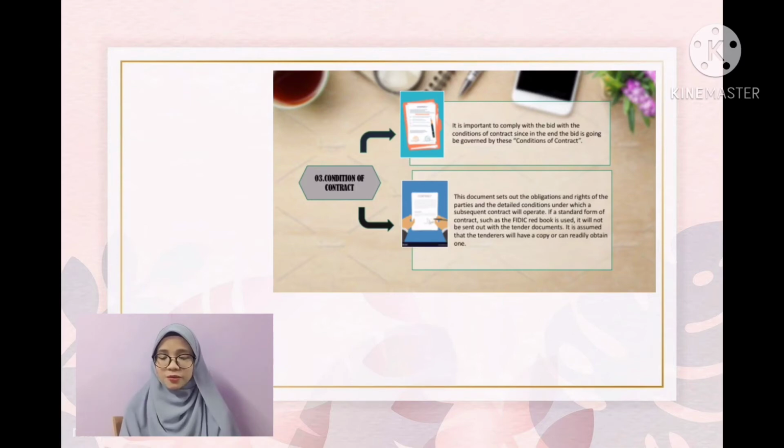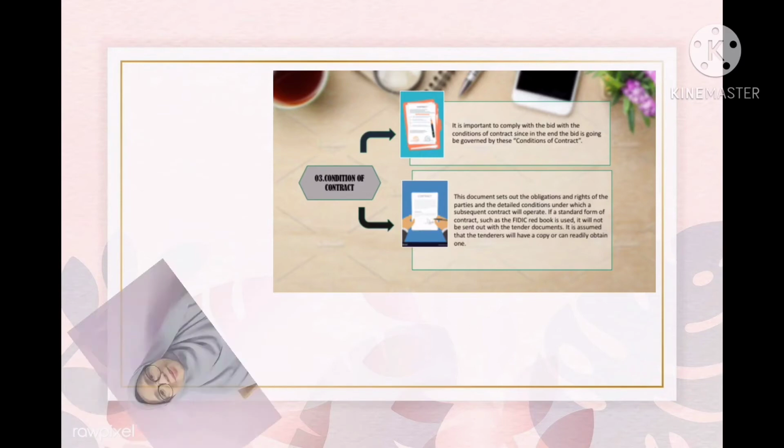If a standard form of contract such as the FIDIC Red Book is used, it will not be sent out with the tender document. It is assumed that the tenderers will have a copy or can readily obtain one.